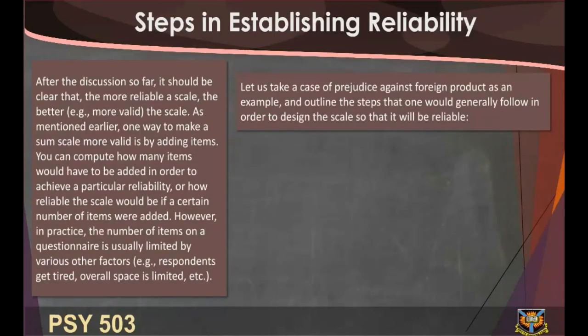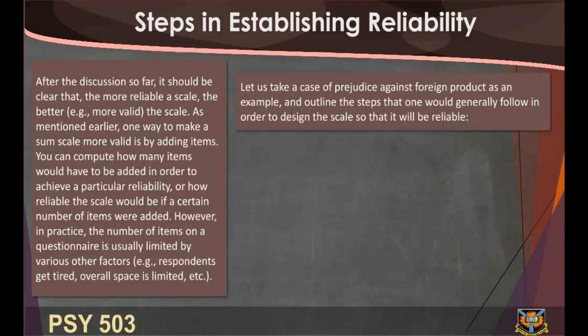Steps in establishing reliability. After the discussion so far, it should be clear that the more reliable a scale, the better, e.g., the more valid the scale. As mentioned earlier, one way to make a sum scale more reliable is by adding items.